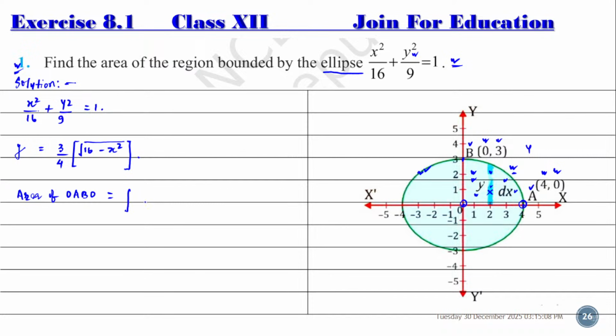integration with limits where x changes from 0 to 4. So we write down here 0 to 4 into 3 by 4, this is the value of y, into root of 16 minus x square, into dx.